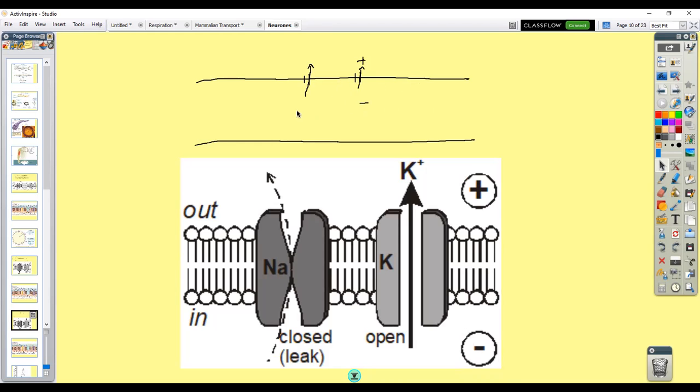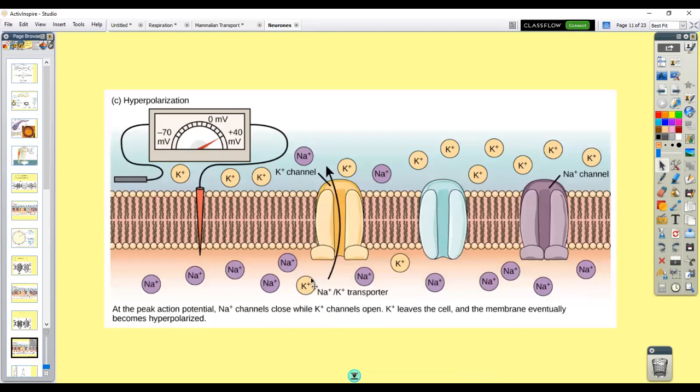So potassium ions move out through the axon to the outside, more positive on the outside again, relative to the inside. Okay, and again, here you can see that your sodium channels close, potassium channels open at about plus 40, and potassium ions, sorry, flow out to the outside of the axon.